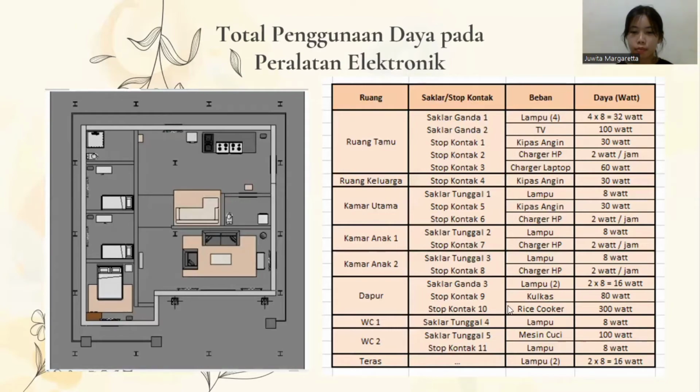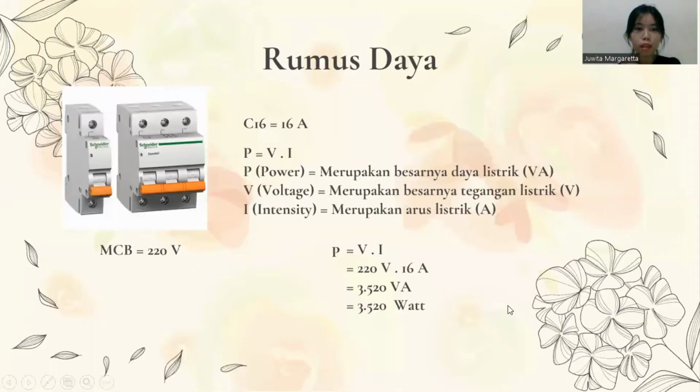Next. So in my house design, I use a 220 volts MCB. To find the power, we have to use this formula. The formula is P equals V times I, where P is power, V is voltage, and I is current.